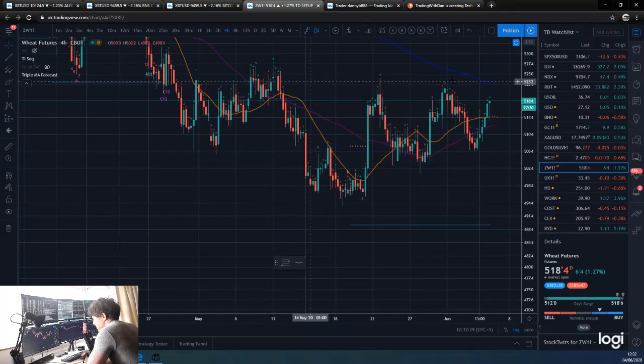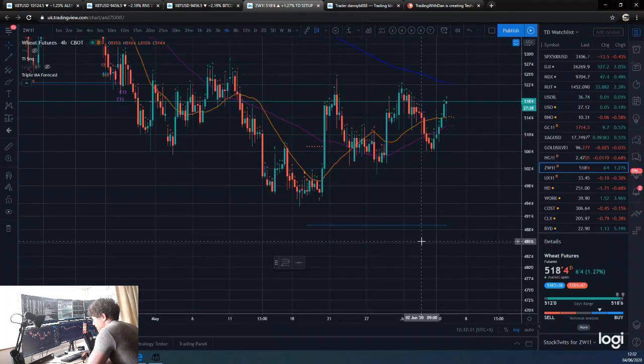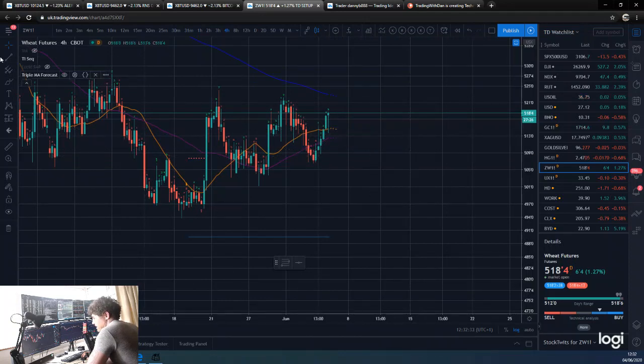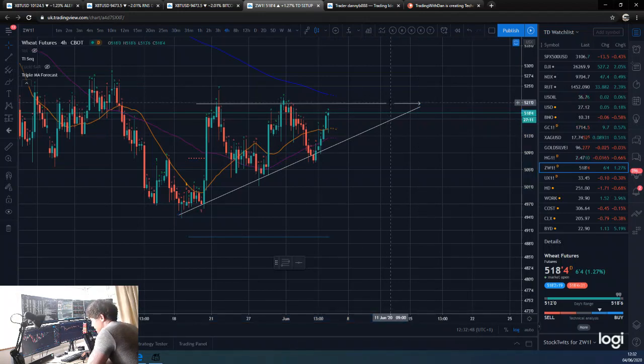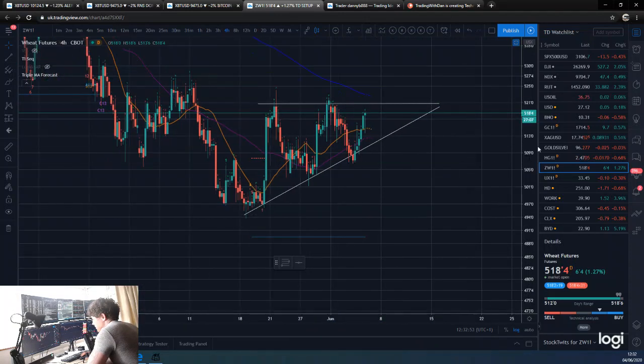And now it looks like we're potentially forming a sort of pennant. It's quite flat topped, roughly speaking. So maybe we're going to form an ascending triangle and then bust our way through that 200 period on the 4 hour.